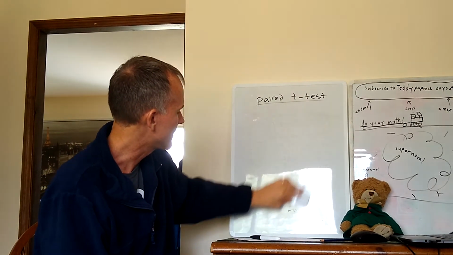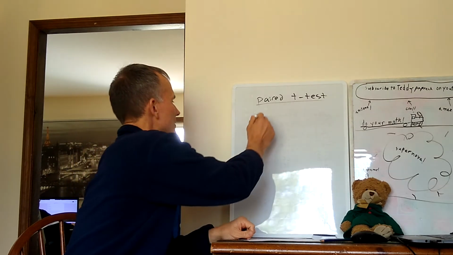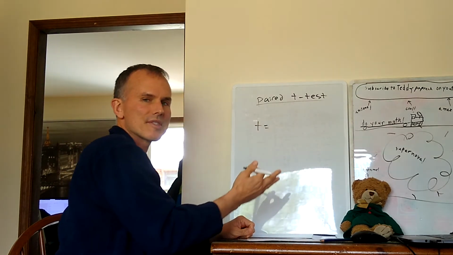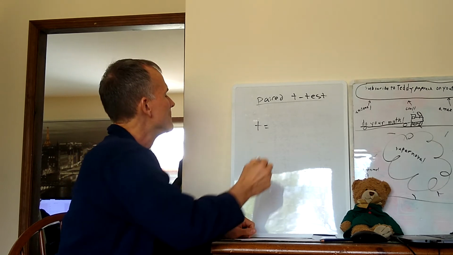Like I said, this is run just like the one sample t-test. So the test statistic that we'll use is just the same t-test statistic that we used for the t-test in chapter 10.